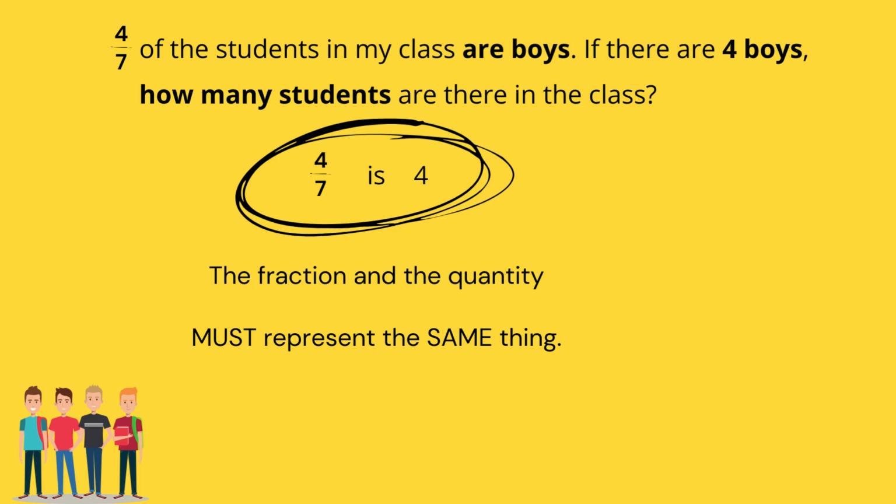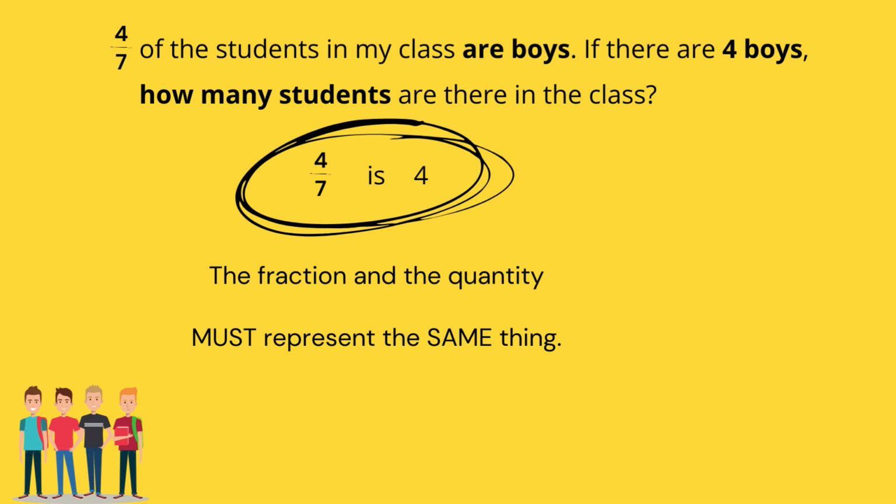For us to be able to say that 4/7 is 4, the fraction and the quantity must represent the same thing. So what does 4/7 represent? Well, the problem states 4/7 of the students in my class are boys. Therefore, the fraction 4/7 would represent the number of boys in the class. Next, the problem stated if there are 4 boys.